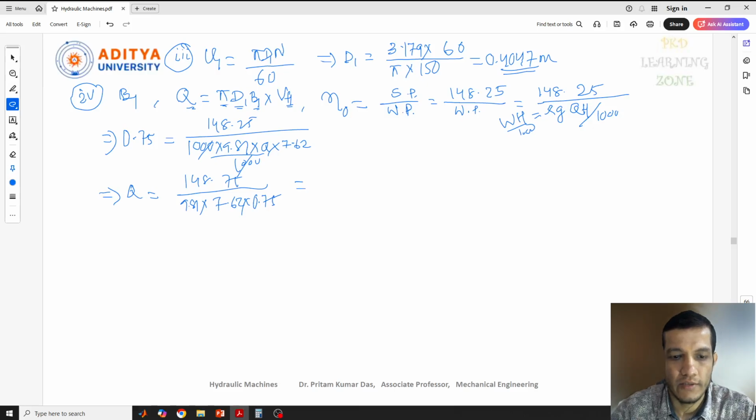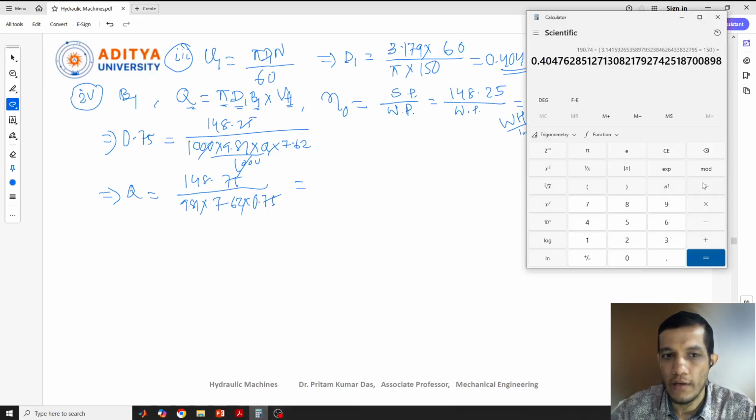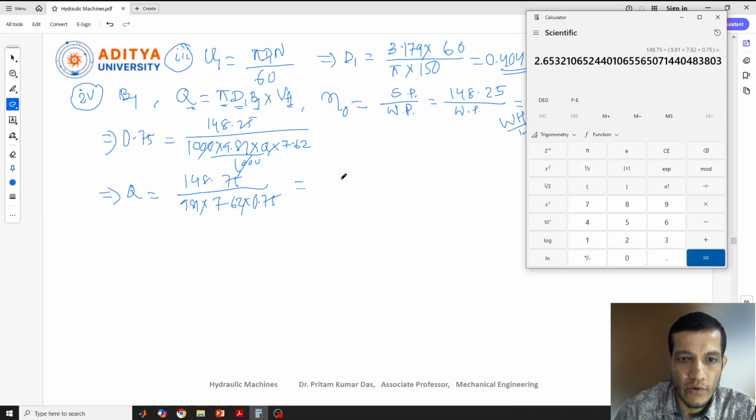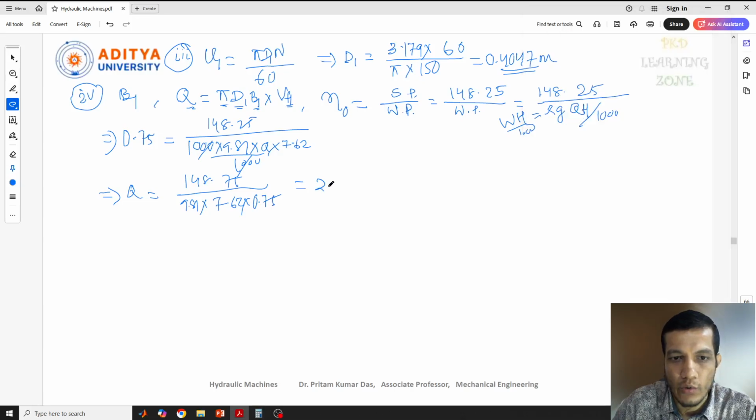So let's solve this. 148.75 divided by, bracket start, 9.81 into 7.62 into 0.75, bracket close, 2.65. So here we got the discharge value 2.65. What is the unit? Meter cube per second. We need to remember that.